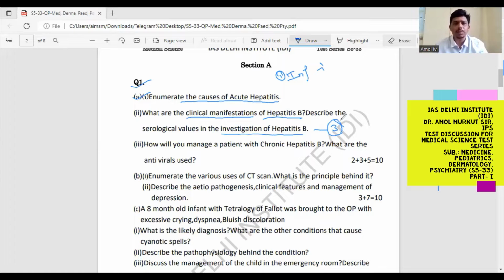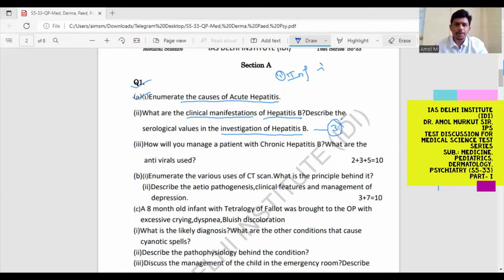So these are the acute manifestations. Then you can write one line about chronic hepatitis B: it depends on the level of liver damage by hepatitis B, and vague ill health is one of the symptoms of chronic hepatitis B.